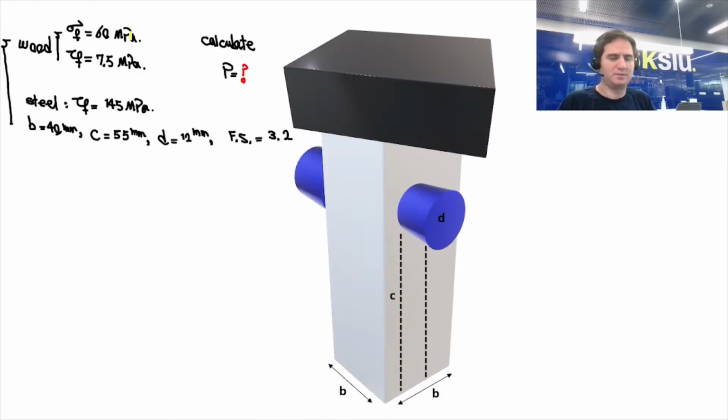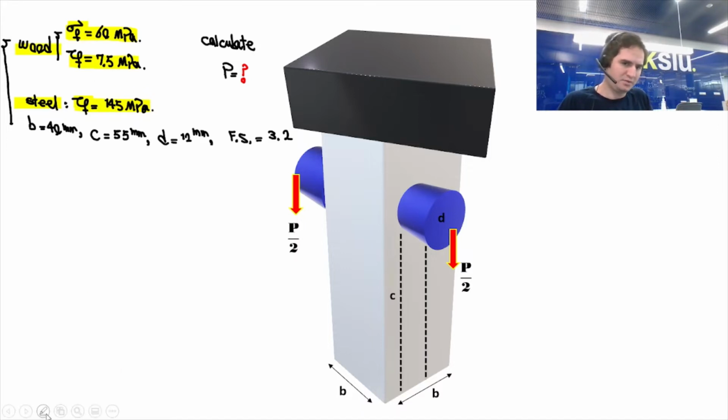So to approach this problem, for wood we have a tensile failure stress, sigma failure, of 60 megapascal, and a shearing failure of 7.5 megapascal, and for steel, tau failure, the shearing failure, is 145 megapascal.